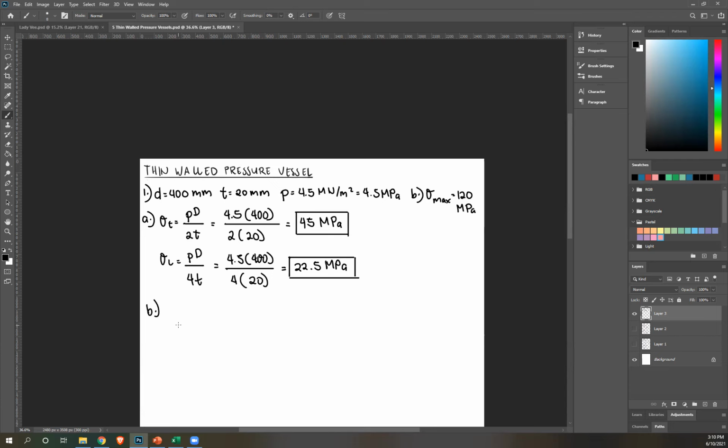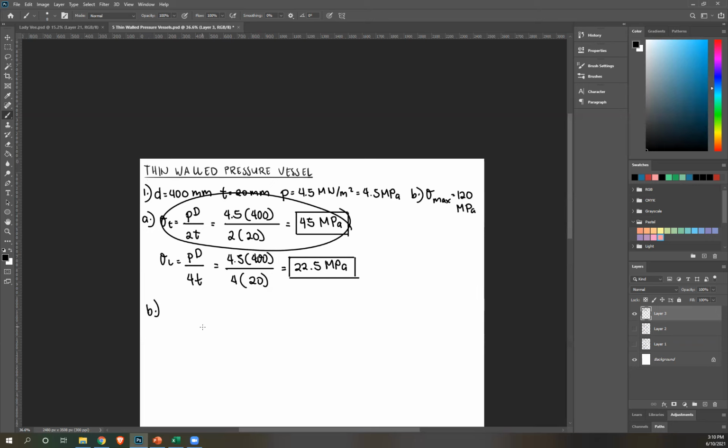However, for thin-walled pressure vessels, tangential stress will always create a lesser allowable force than longitudinal stress. That's why we call it critical, because under the same force, tangential stress, as you can see, is always greater than longitudinal stress. Therefore, this experiences greater stress.